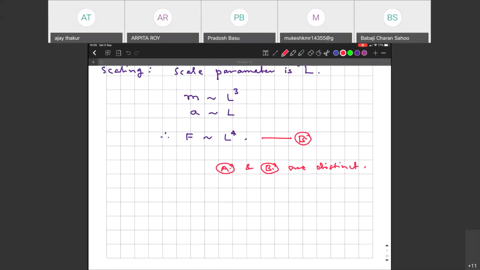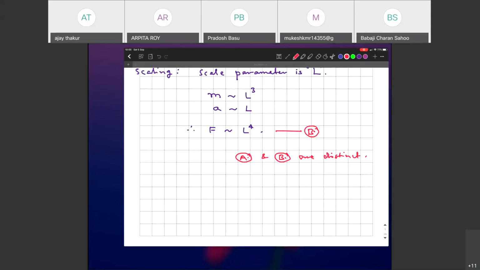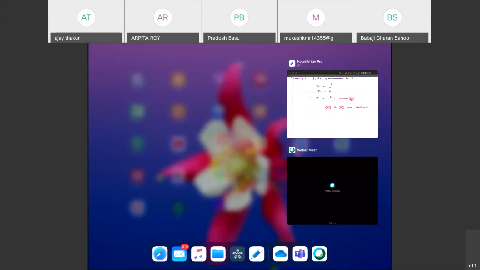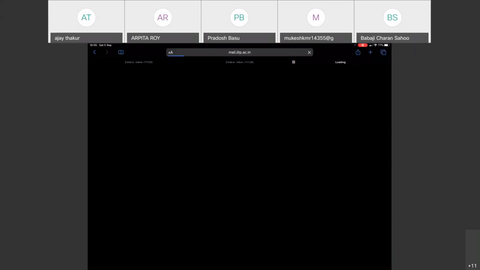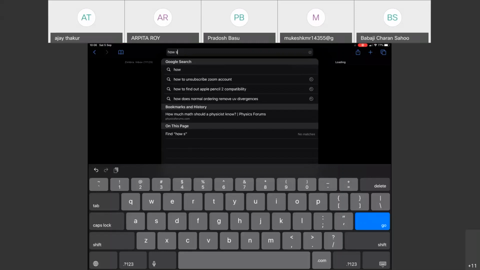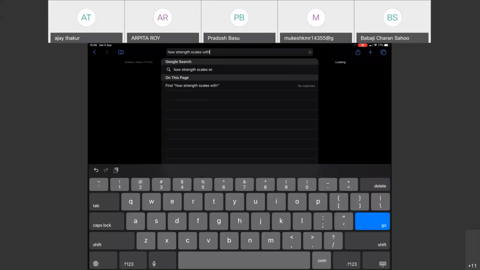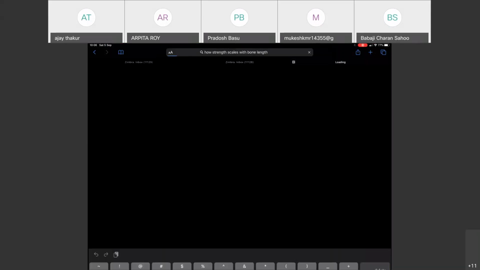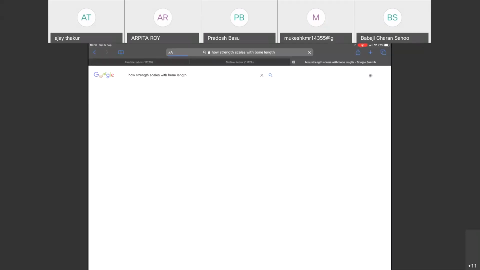Fine. So now let me just try to show you an interesting picture, which I would try to help you with, to say how strength scales with bone length, right?